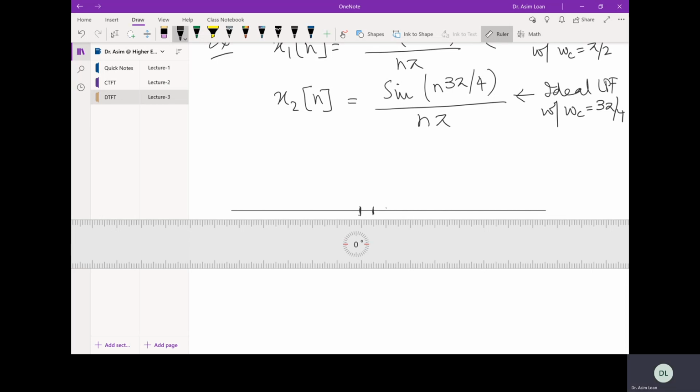Pi by 4, pi by 2, 3 pi by 4, pi. So 0, pi by 4, pi by 2, 3 pi by 4, pi, 5 pi by 4, 6 pi by 4, 7 pi by 4, 8 pi by 4, minus pi by 4, minus 2 pi by 4, minus 3 pi by 4, minus pi, minus 6, minus 7, and minus 8.